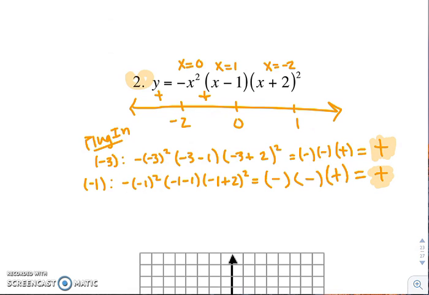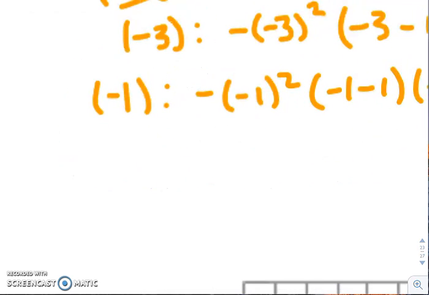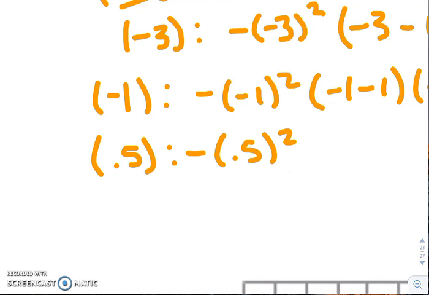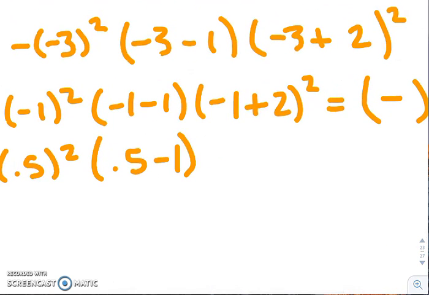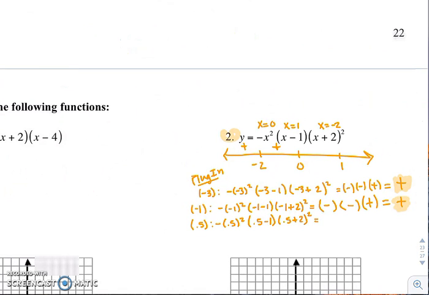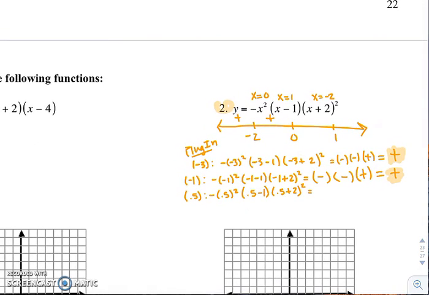So then something in between 0 and 1, I'm just going to plug in 0.5. So negative 0.5 squared times 0.5 minus 1 times 0.5 plus 2 squared. Again, I don't know what 0.5 squared is, but I know that anything squared is positive, and then times that negative will be a negative.